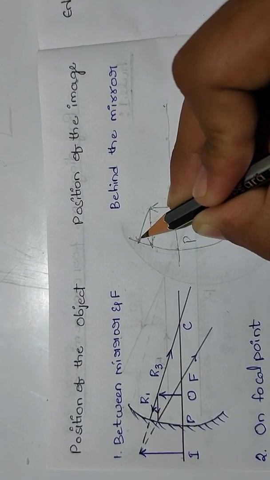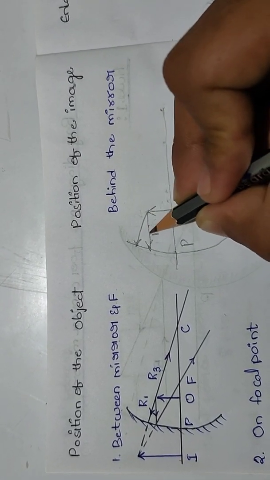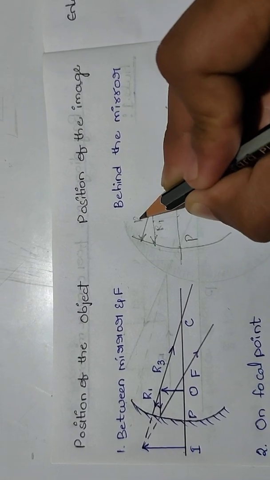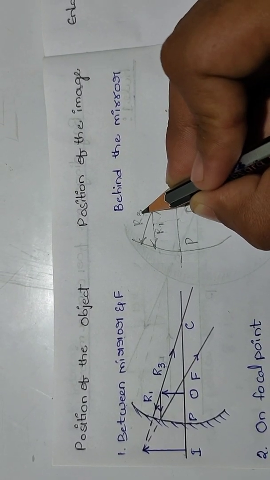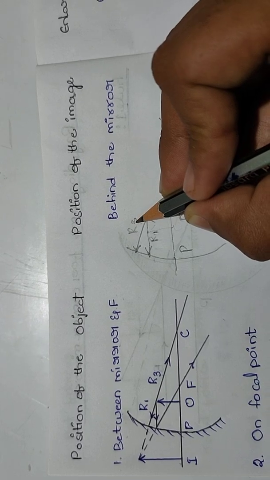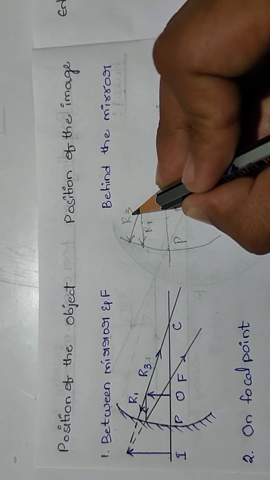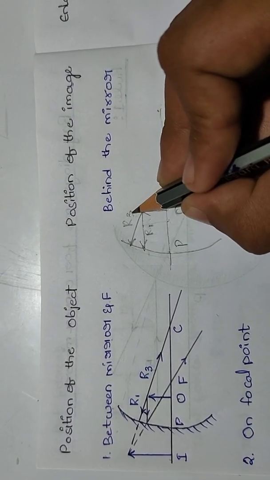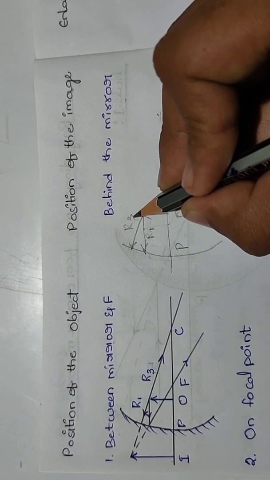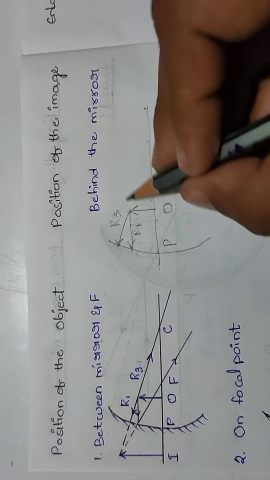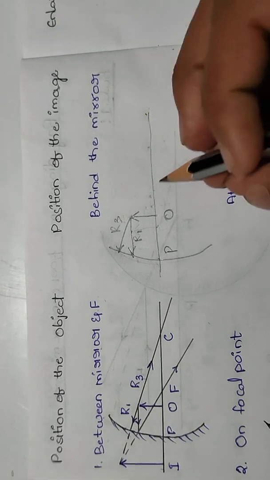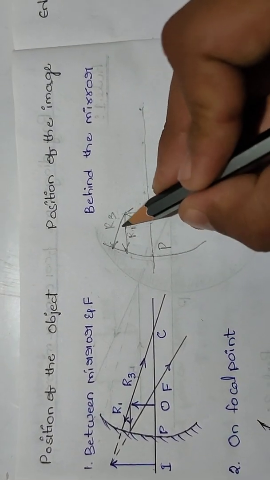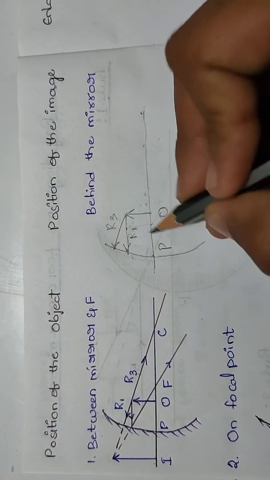I can name this as R1 and this as R3. Why I am naming it R3, you can name it R2, because in rule 3 this ray is mentioned as R3. So now I have drawn the two incident rays.